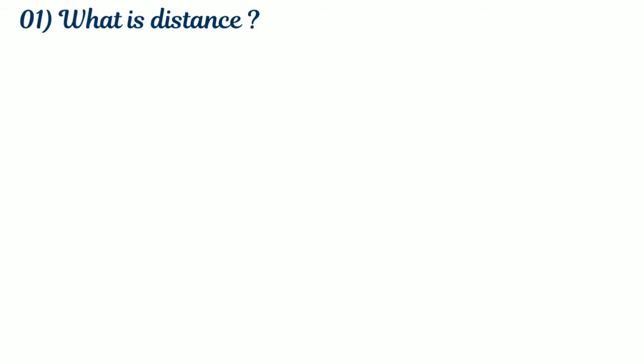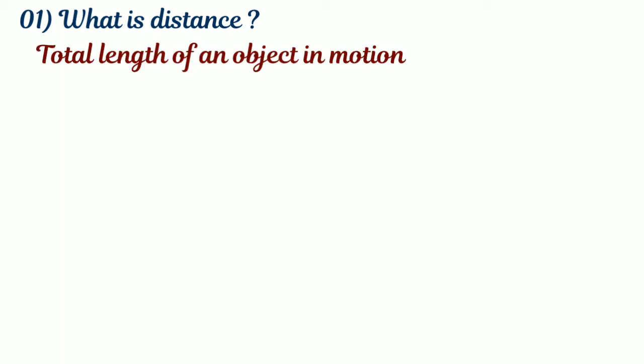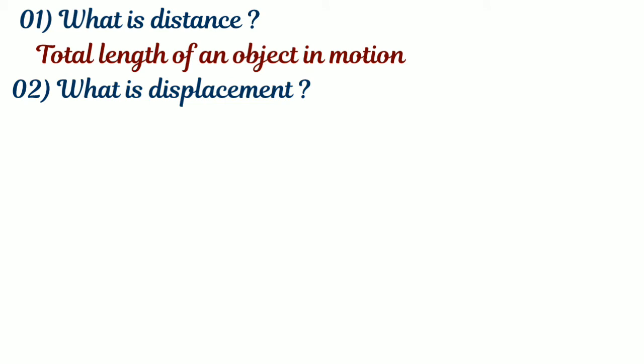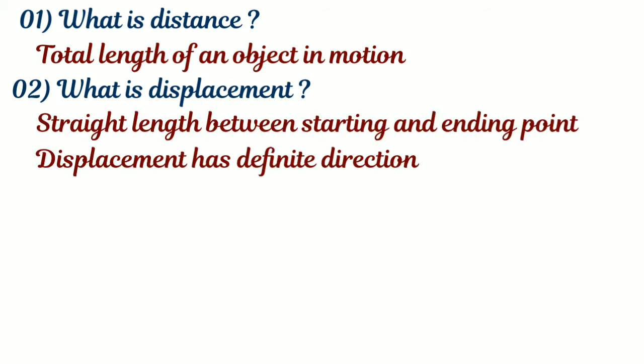Distance means the total length of an object in motion. Then displacement. What is the meaning of displacement? That is the straight length between the starting and end points of the motion of an object. So displacement has a definite direction.